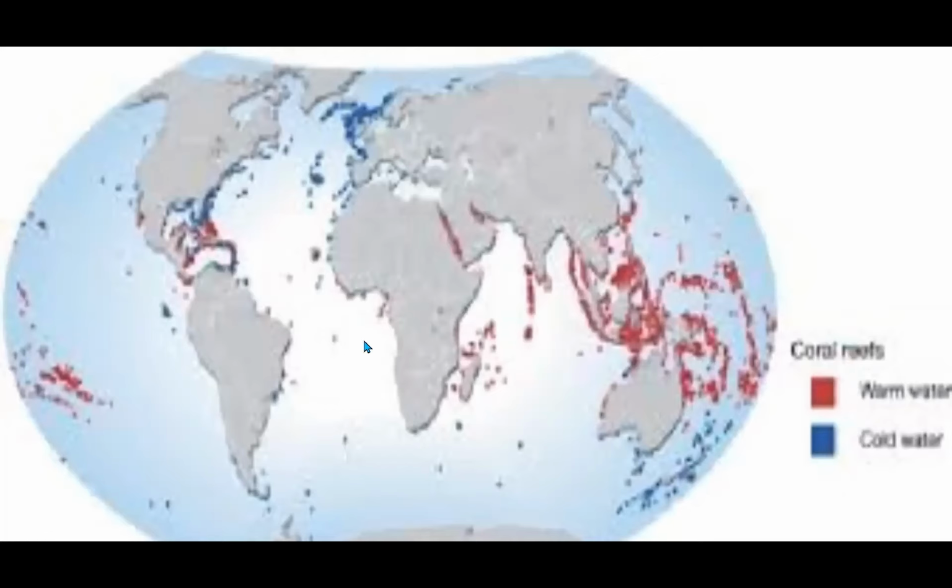So here is a world view of all the coral reefs around the world. Now, we all know this one here. It's the Great Barrier Reef in Australia. But what you actually don't see is that there's an amazing one here called the Red Sea. The coral reef there is phenomenal. It's really cool.